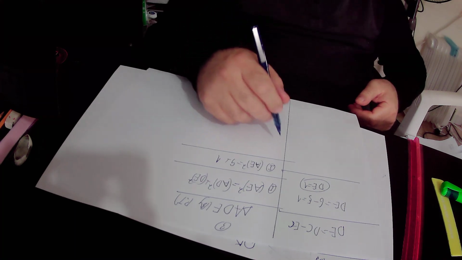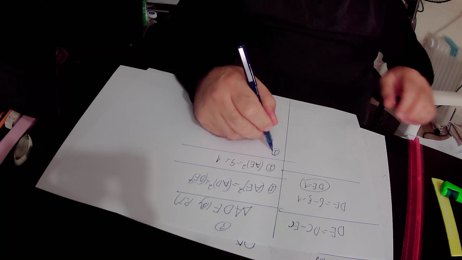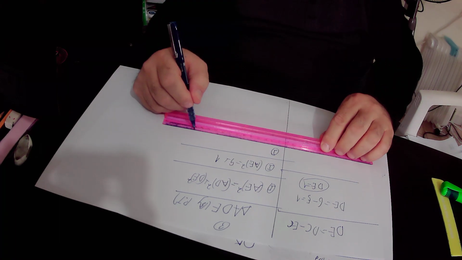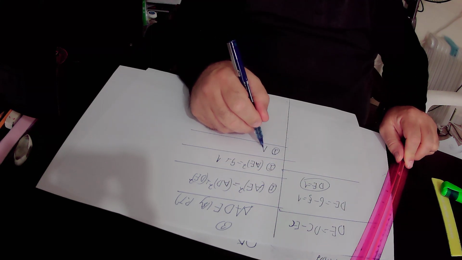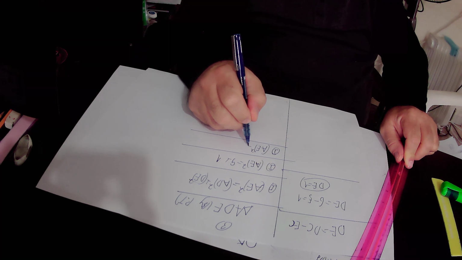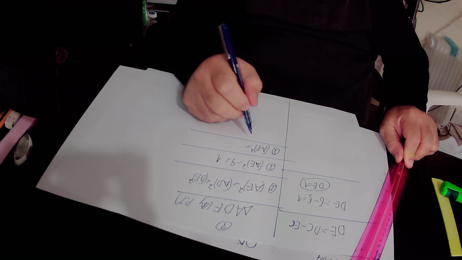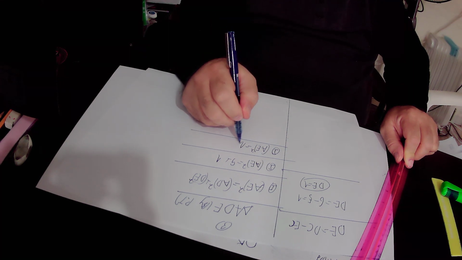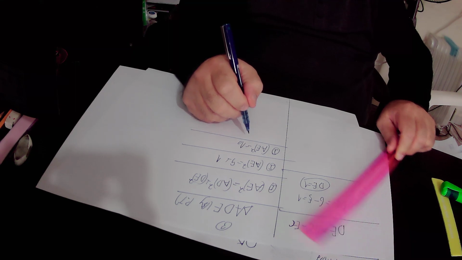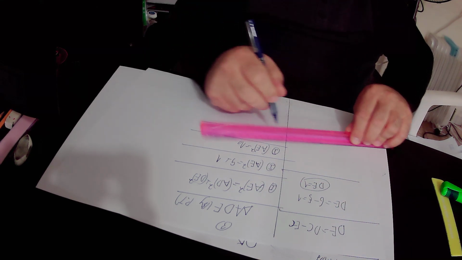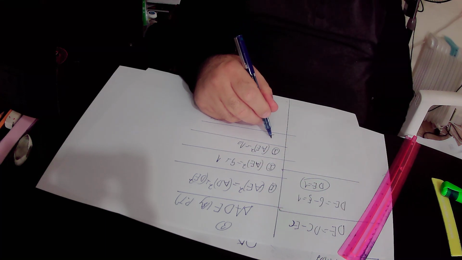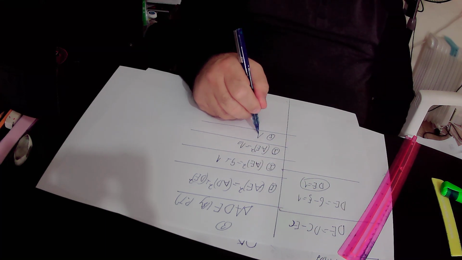So in conclusion, according to equation number 1, I actually found out that AE squared equals 9 plus 1, that is 10. We take the square root of this equation number 1, and we get that AE equals the square root of 10 units.